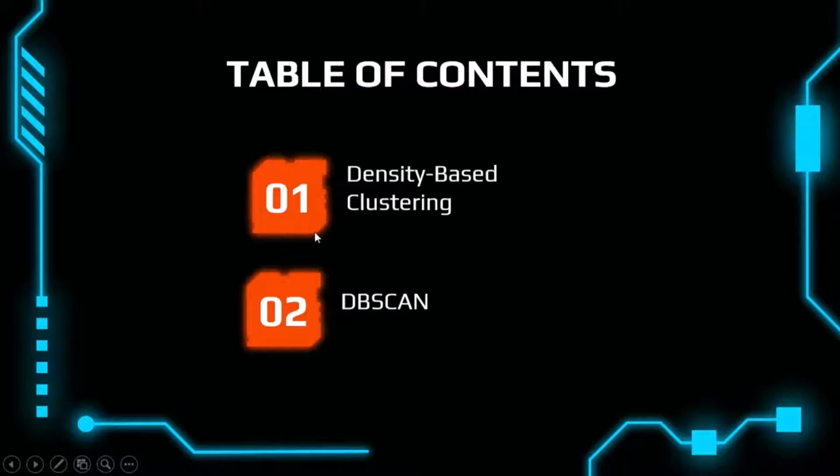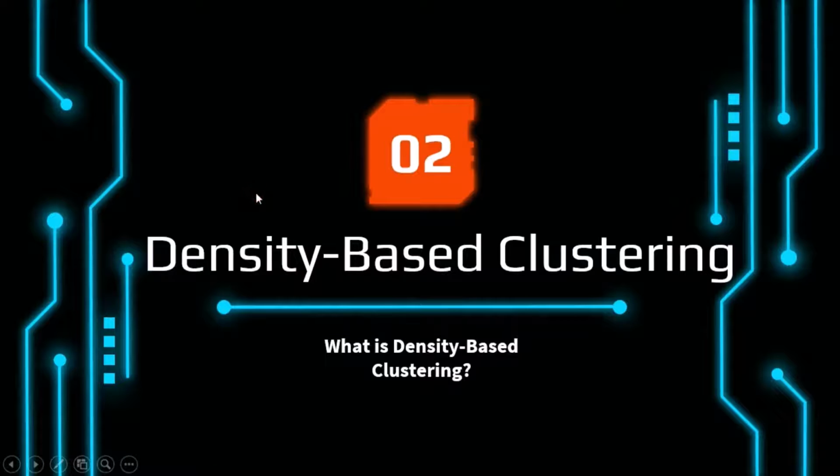Now let's see what density-based clustering is. Density-based clustering is a kind of algorithm that is based on the use of the density of the cases and points in our data set to assign each of these points to a cluster.